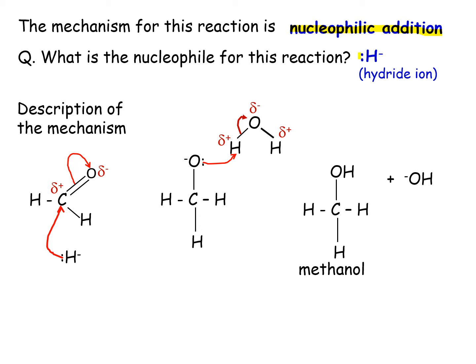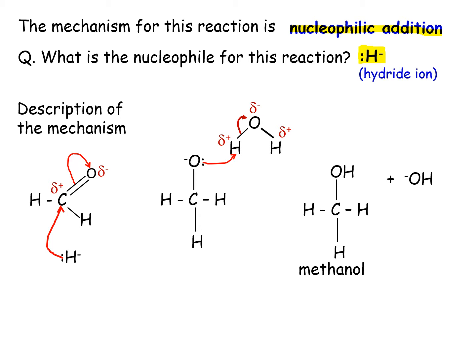So what is a nucleophile? Well, for this example, our nucleophile is the hydride ion, and that comes from our reducing agent, because this is a reduction reaction because we're adding hydrogen. So we are converting the carbonyl compound back into its original alcohol.